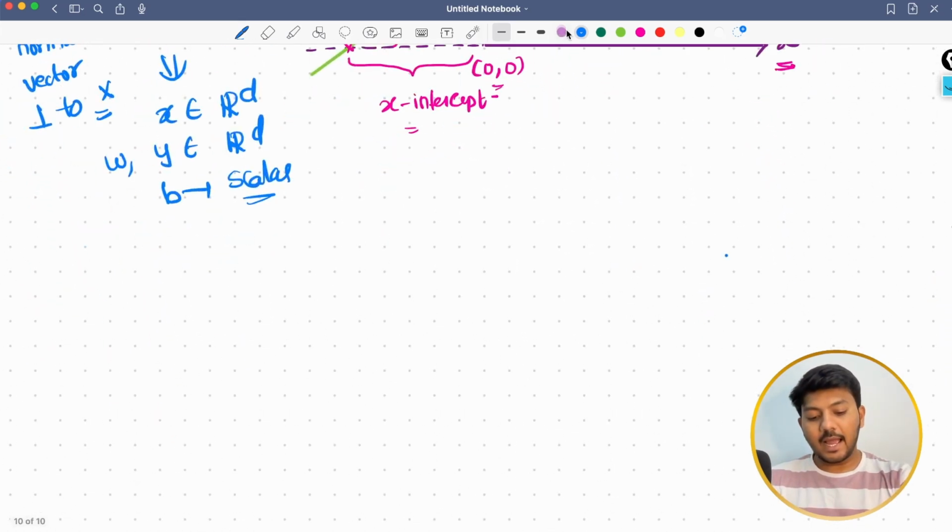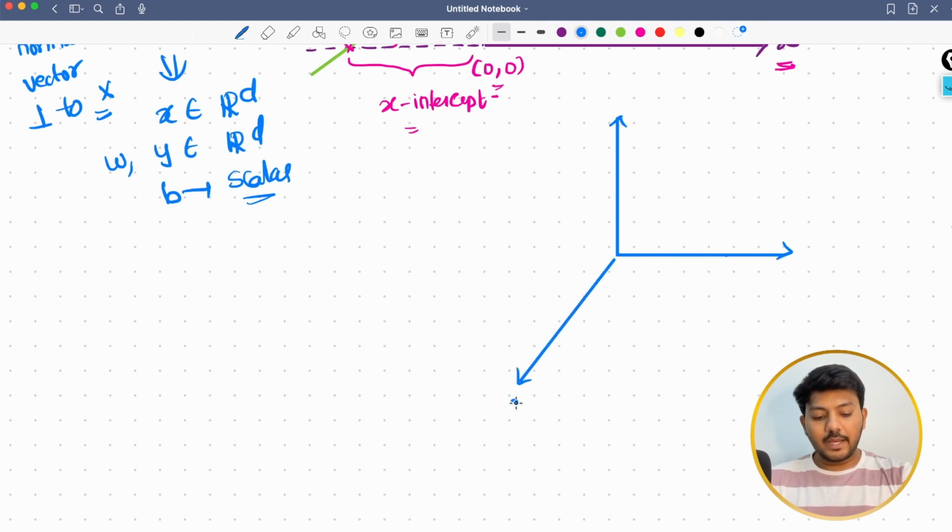Let's say I have a 3D axis. So this is x1, x2 and x3. I can keep it as x1, x2, x3, or maybe x, y and z. And let's assume I have a plane which is passing through all of these three axes, like this.